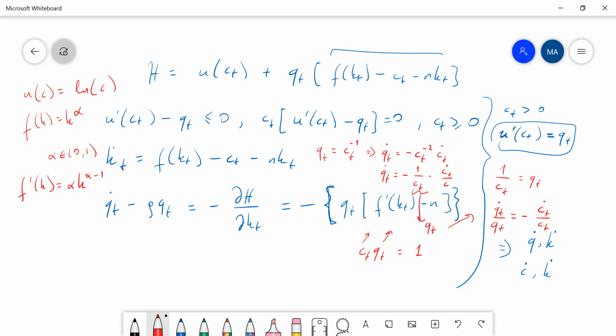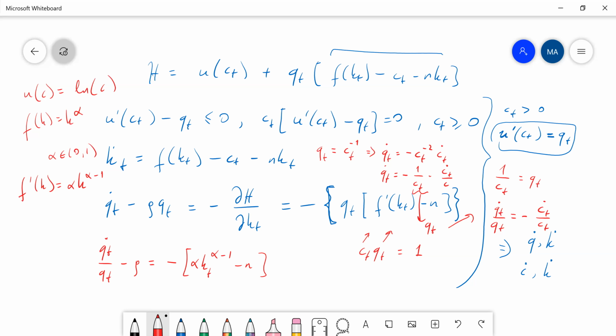Actually, if I divide the entire thing by Q_t, I have Q dot_t divided by Q_t minus rho equals minus F prime of K_t. What is F prime of K_t? Alpha K_t to the alpha minus 1 minus n, right?